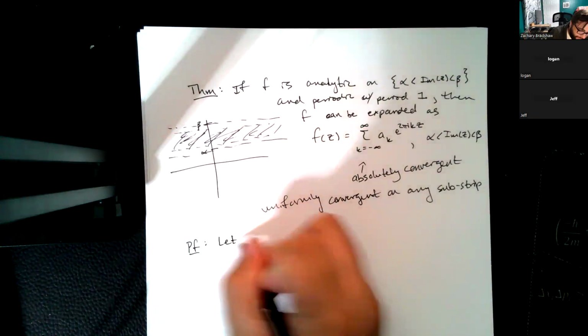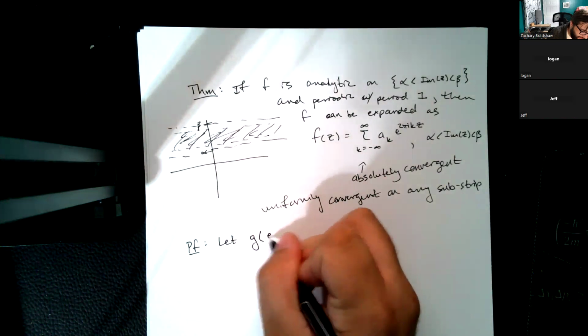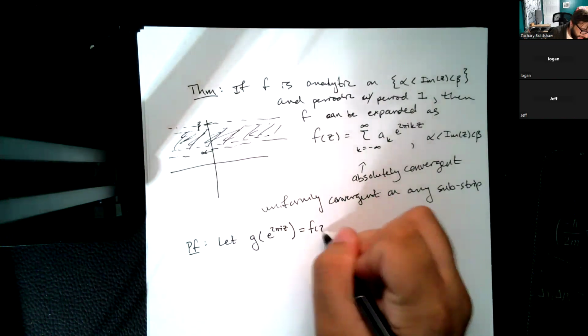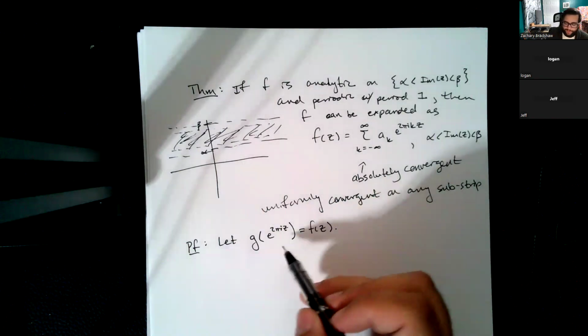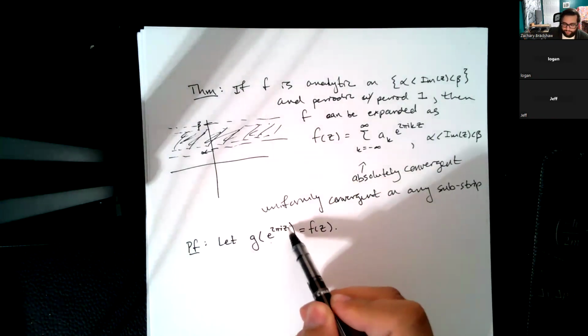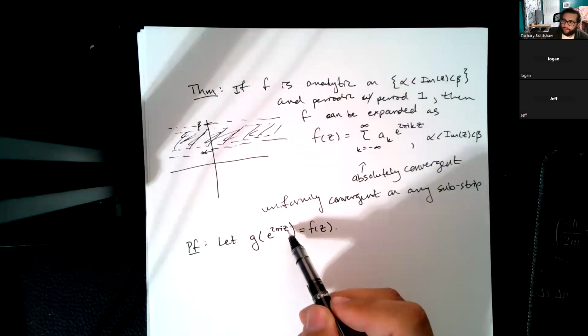Let G be defined by G of e to the 2 pi i z equals f of z. So first of all, this is well defined, right? We have a little bit of ambiguity here because we can add factors of 2 pi i to the argument of the exponential.